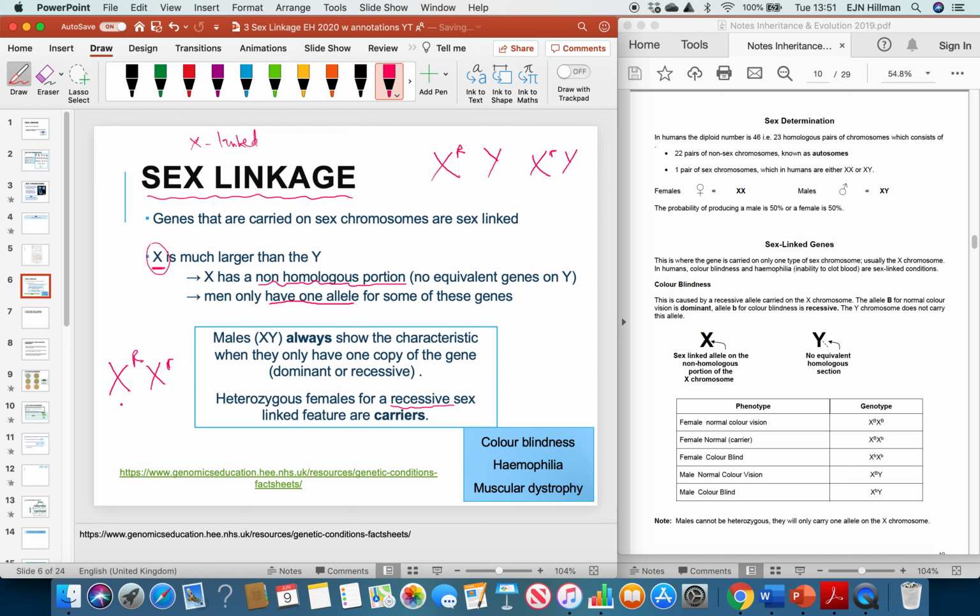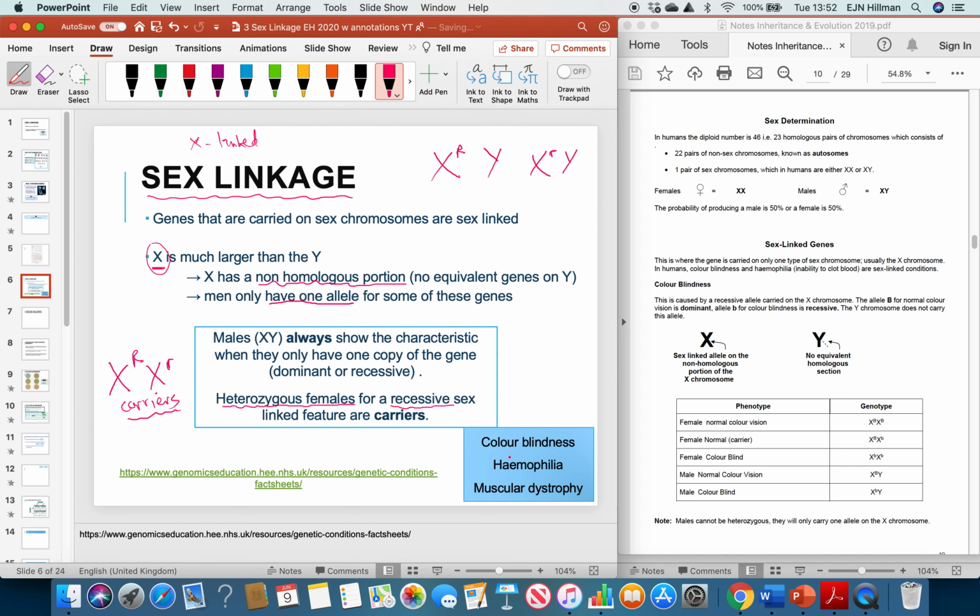In this case, with sex linkage, we refer to heterozygous females as being carriers. So you need to look for this word in the question. Carriers and heterozygous females essentially mean the same thing, and it is a clue in a question that you need to underline. If you see the term carriers, you need to think, okay, that means it must be heterozygous.